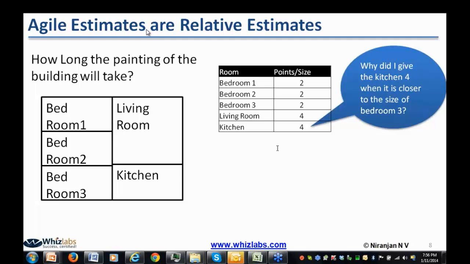Okay. Pablo says it is more complex to paint. Frantisek says it has furniture in it that can't be moved. Okay, good. Any other answer? Why did I give kitchen 4 points, even though the kitchen is smaller?